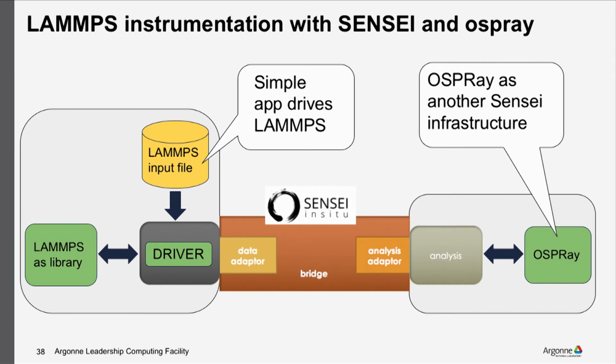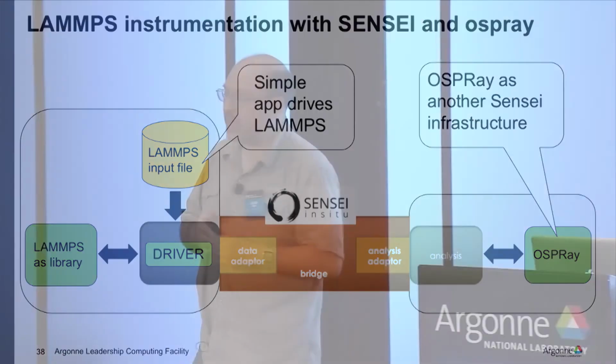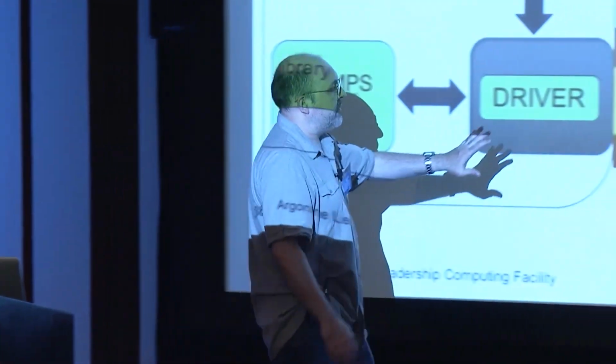So this is our solution, right? We drive LAMMPS, the simulation code, externally, so we need to build it as a library, and we drive it ourselves. We get the input file directly and pass it line by line to LAMMPS. With that, every new time step of data computed by LAMMPS is shared through this interface here.